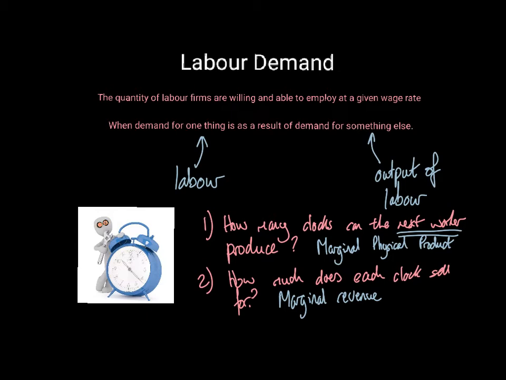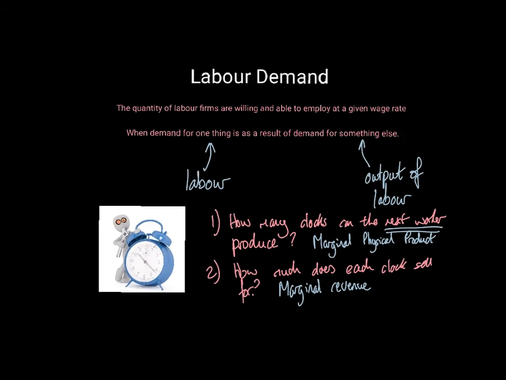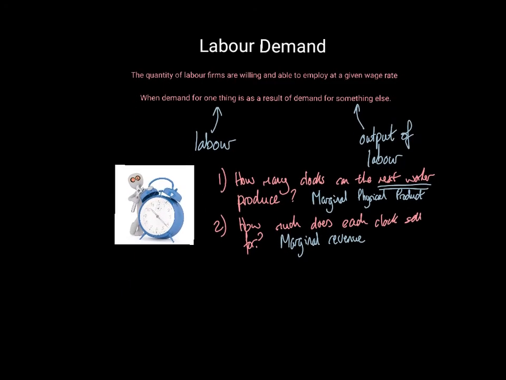So what we've got then is these two concepts which determine the amount of labour that firms are willing to employ. So if we just move this up a little bit, these two items come together in the main concept here, which is what we call the marginal revenue product.